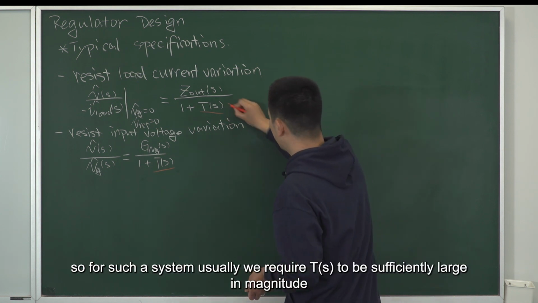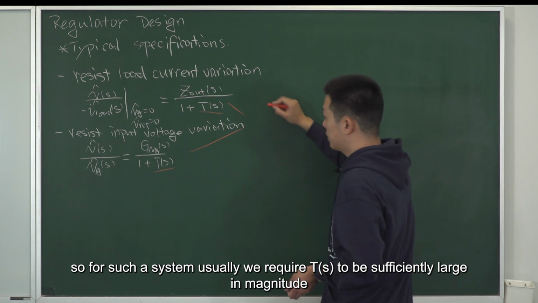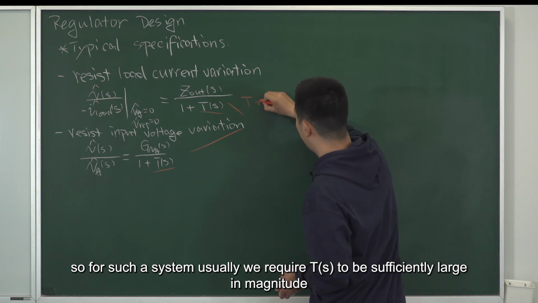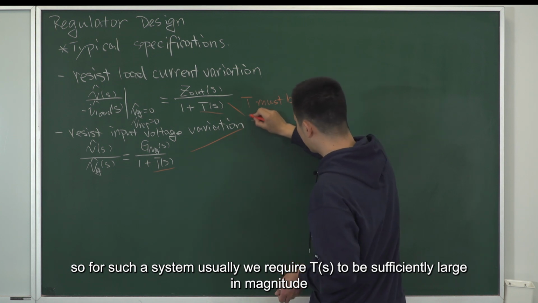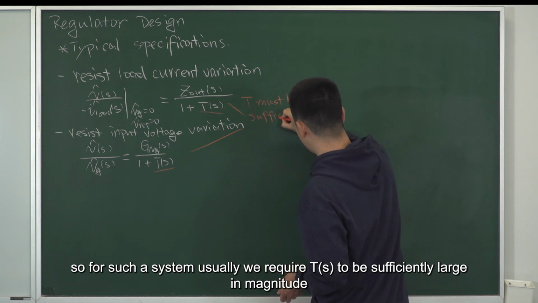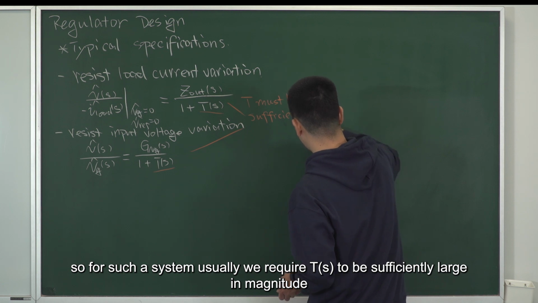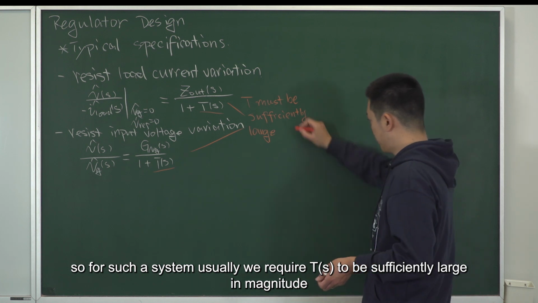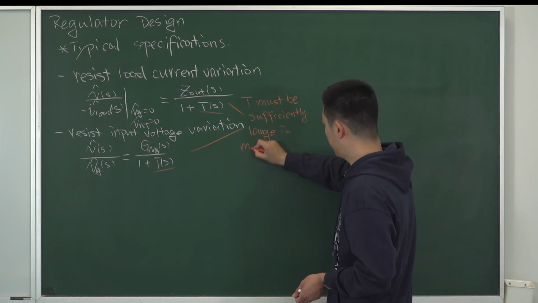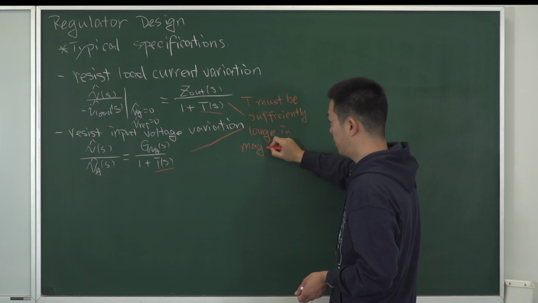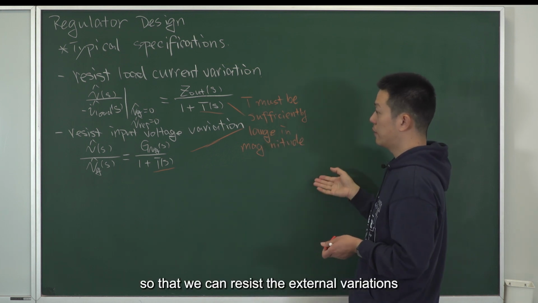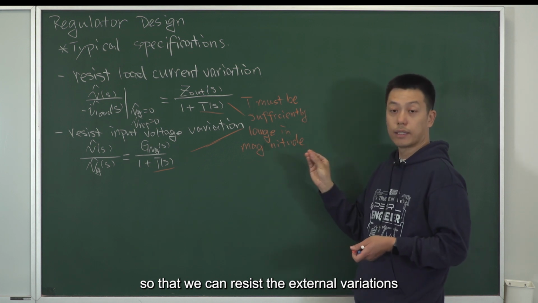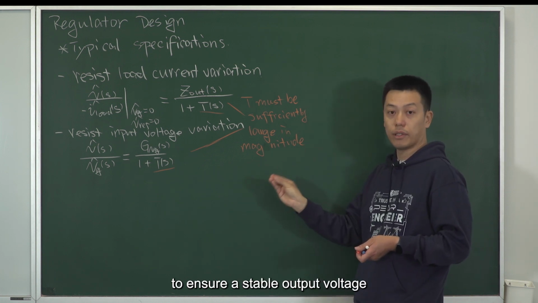So for such a system, usually we require T to be sufficiently large in magnitude so that we can resist the external variations to ensure a stable output voltage.